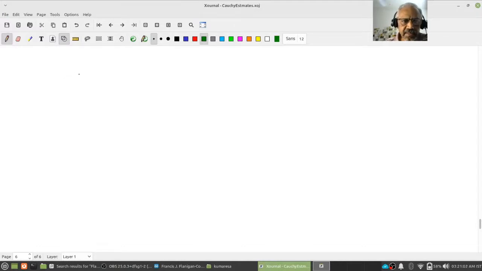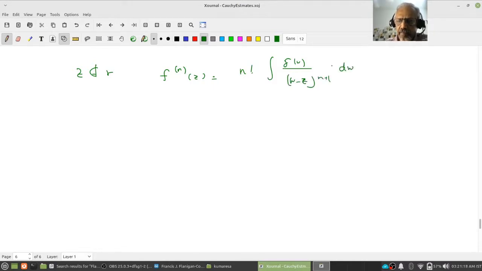Right, and hence we can write, for every z not in gamma, the nth derivative of this at z is n factorial into the integral of g of w by (w minus z) to the power n plus 1 dw.